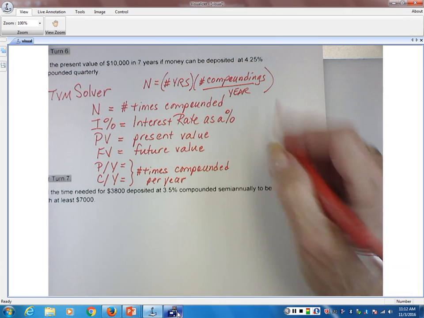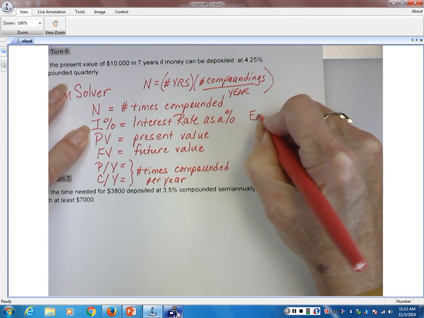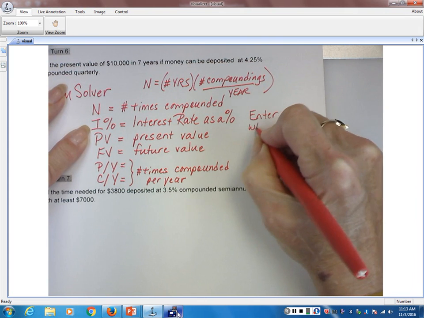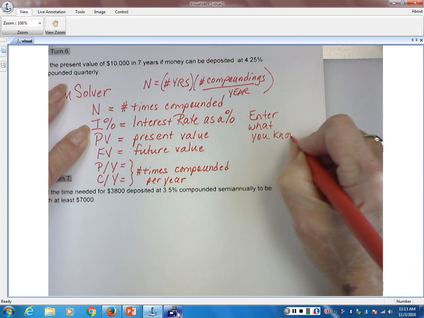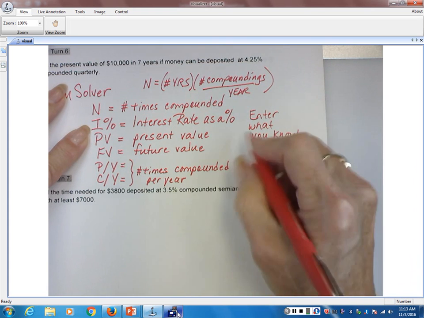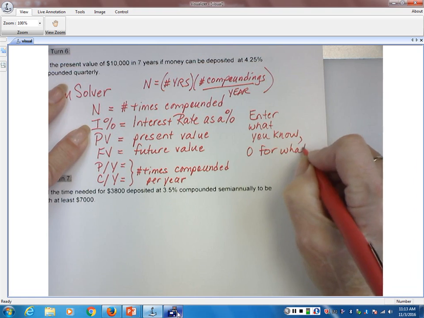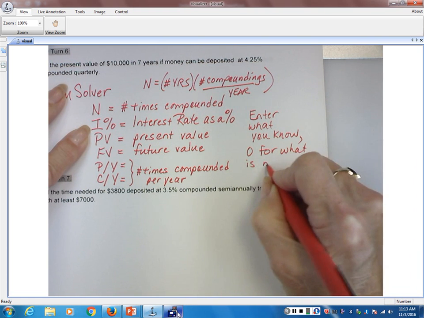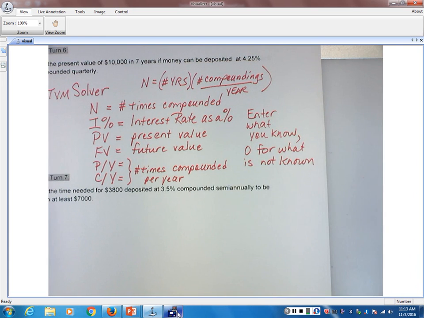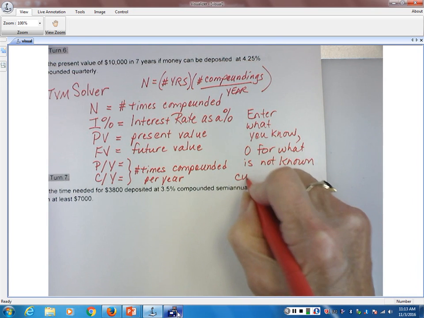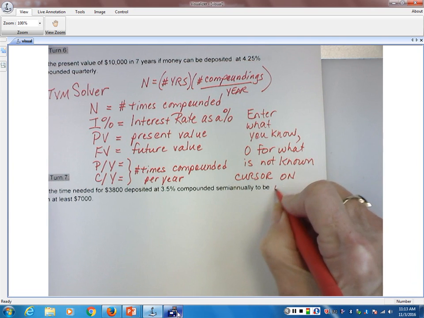The way that this works is you enter everything you know, zero for what you don't know, and then cursor on what you want to solve for.